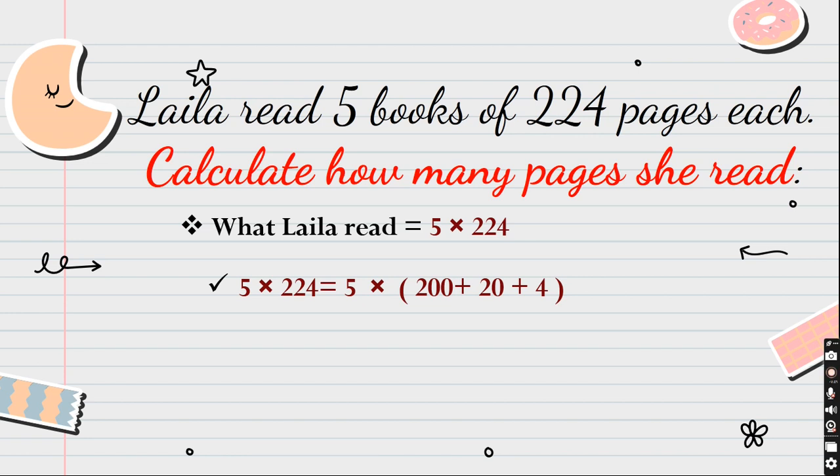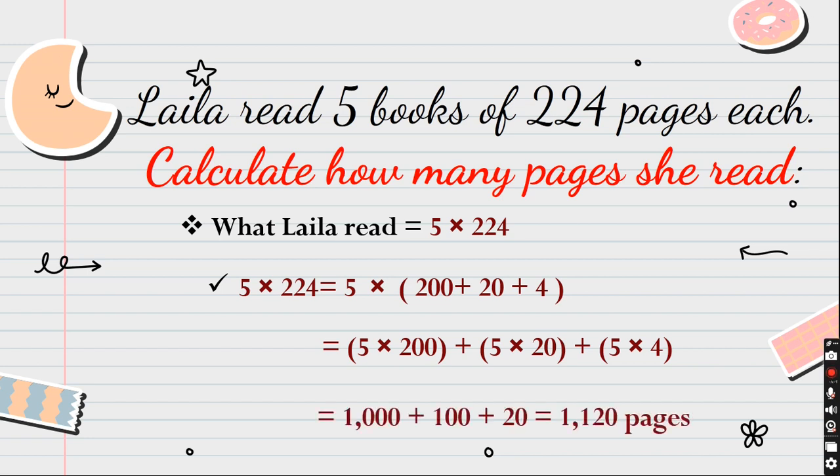And secondly, we multiply 5 times 200 plus we multiply 5 times 20 plus we multiply 5 times 4. And 5 times 200 equals 1000 plus 5 times 20 equals 100 plus 5 times 4 equals 20. And finally, we add all the products: 1000 plus 100 plus 20 equals 1120 pages.